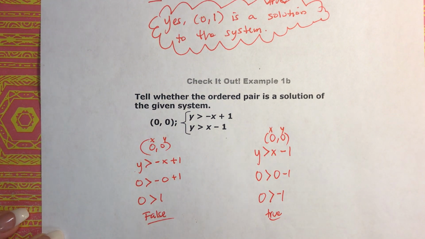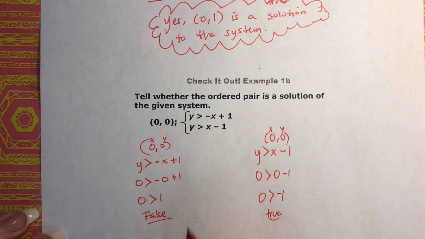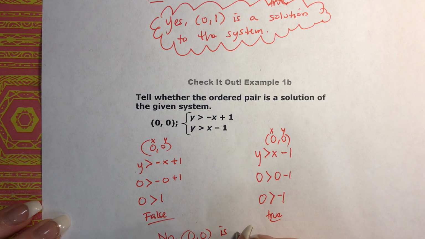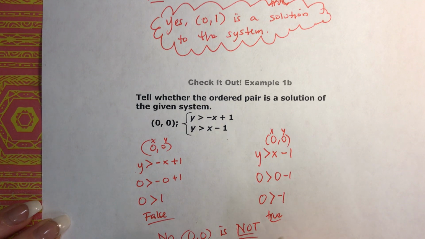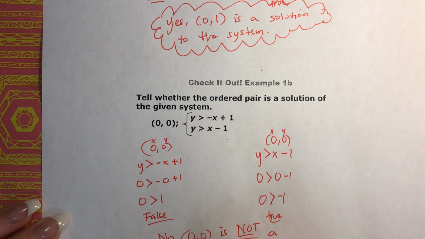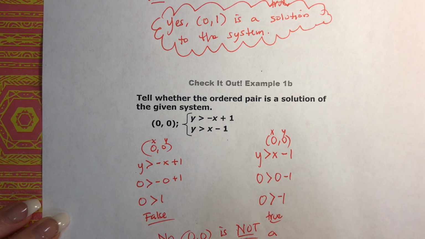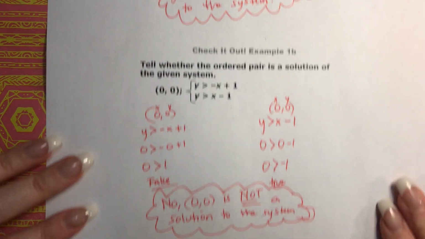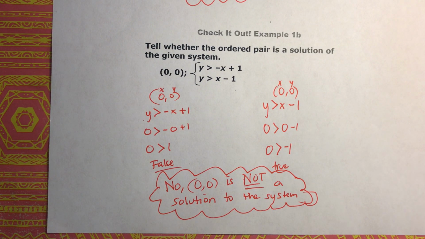But since this is a lie, this is false, we can say no. 0, 0 is not a solution to the system. And that is it. If you got both of those right, you did a wonderful job, and we will see you in a little bit for example 2.